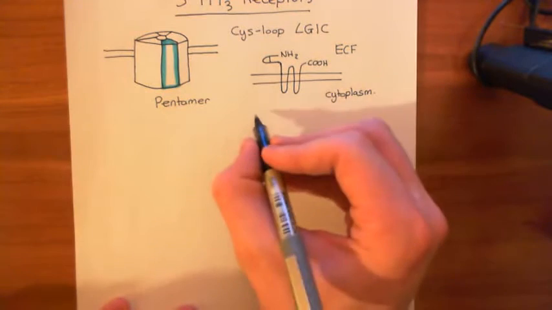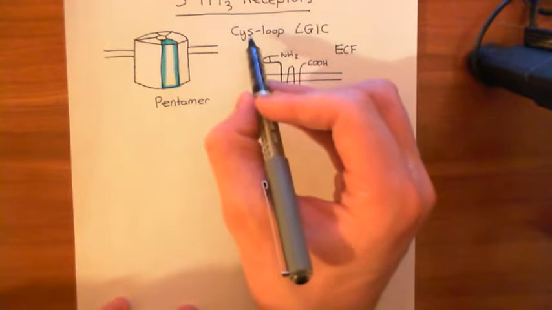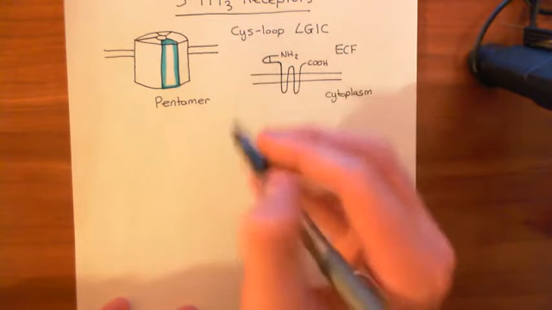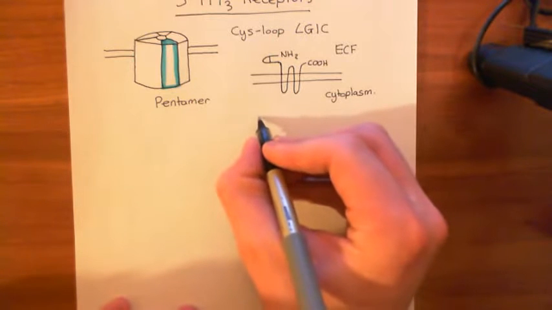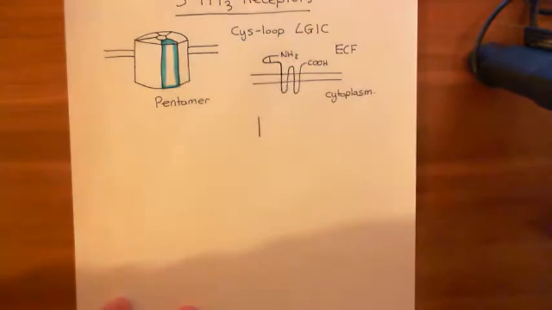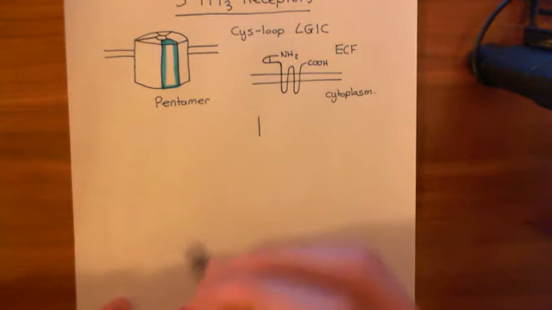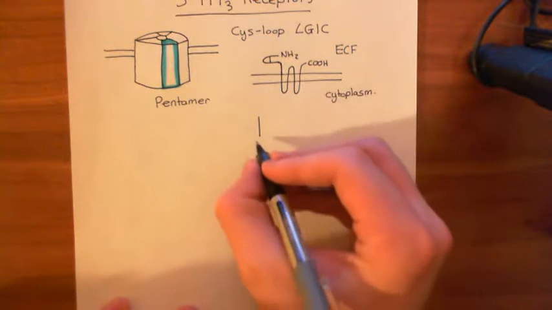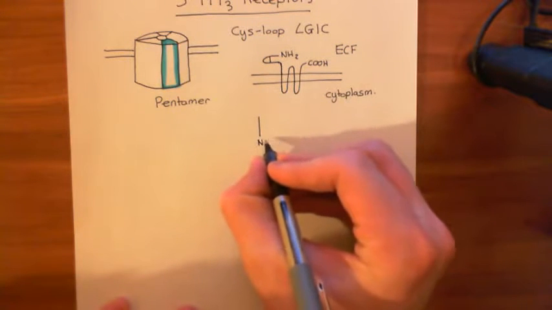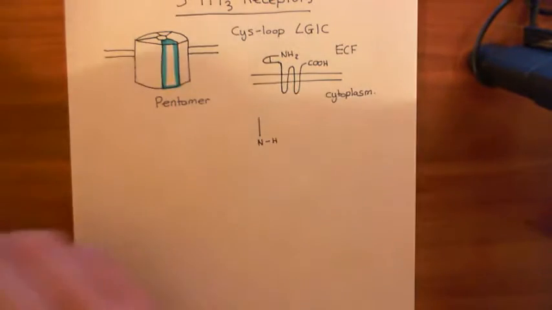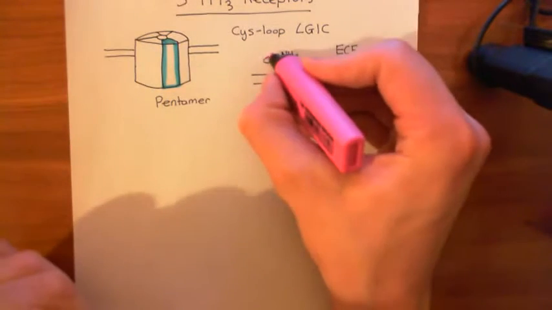Now let's discuss that cis loop in a bit more detail. The reason it's called a cis loop is because it is held together by disulfide bonds forming between cysteine residues, where CYS is short for cysteine, on the two opposite strands here. Let's show these. Let's say the strand I'm talking about at the moment is this strand here in purple.